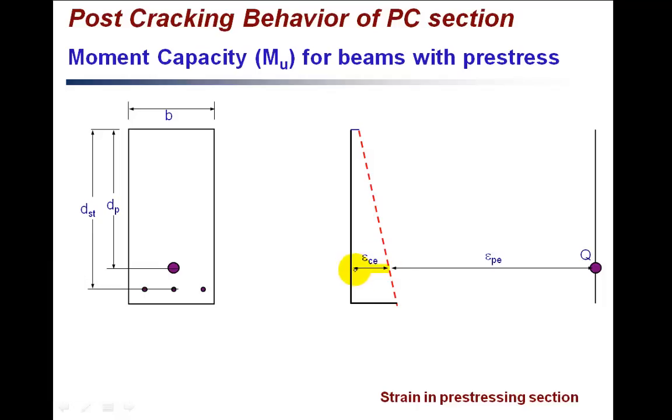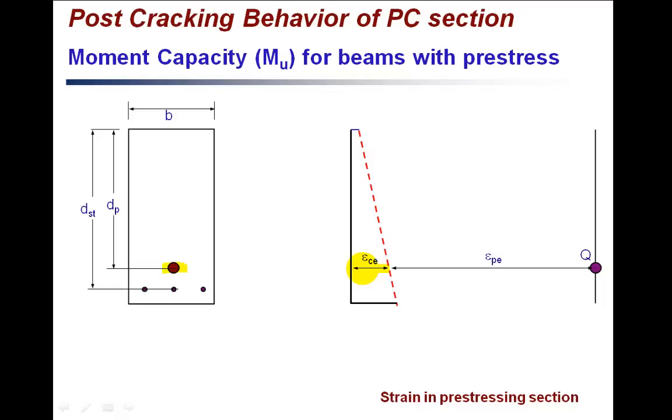So at the level where the prestressing wire is, there will be some compression strain in the concrete due to the compressive force from the prestressing wire. And as far as the prestressing wire is concerned, it has been stressed, so it is in tension now.